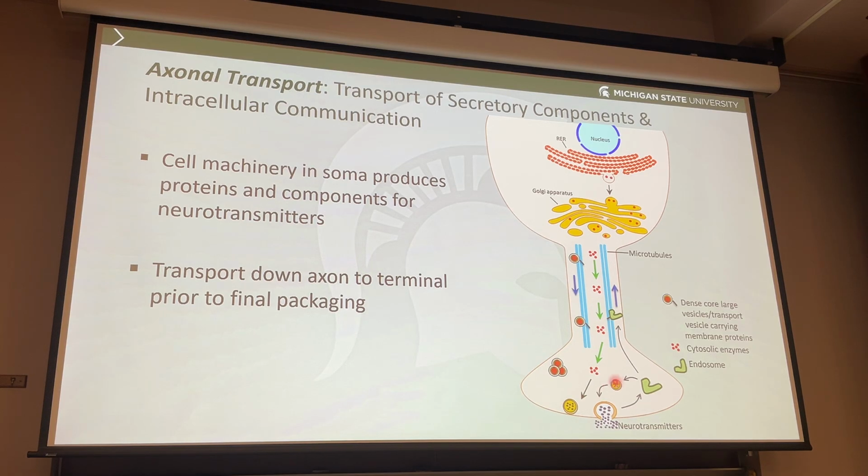And then down here, the terminal is where neurotransmitter and whatnot gets packaged into these synaptic vesicles, these membrane-bound neurotransmitter-containing structures. Those are allowed to bind to the membrane and release neurotransmitter outside the cell. Okay? Hopefully very straightforward.